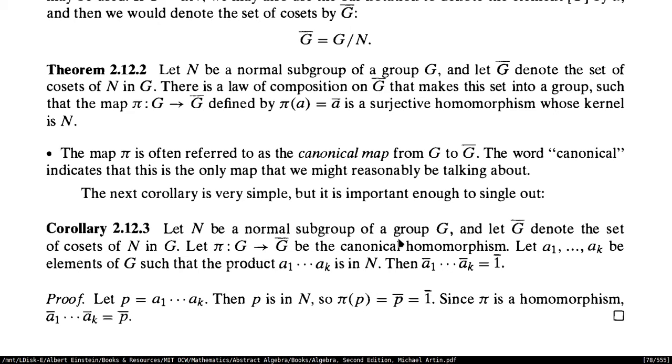Yeah, so this is just a notation that if you have two subsets A and B of a group, then AB denotes the set of products of the elements from A and B, right? So this is the product set.